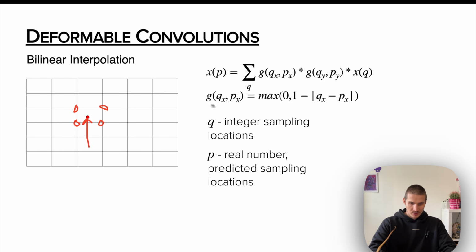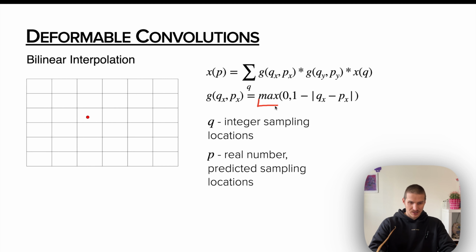In mathematical terms, that is represented as this max function. You can see that it is indeed 0 for every point that is quite far apart, like this one, for example. And for the closest points, it will be equal to the actual distance, right?